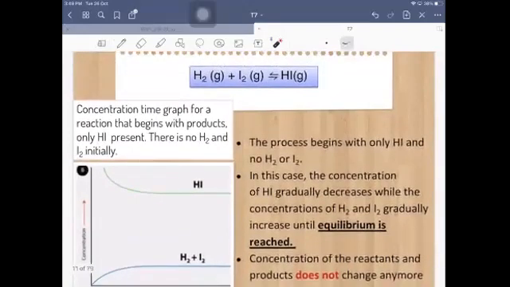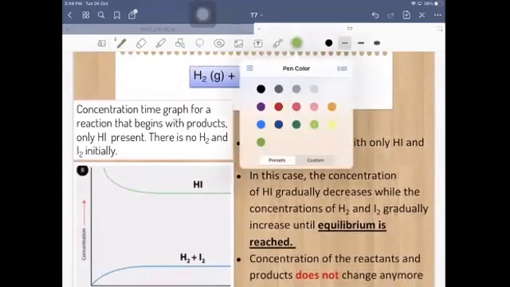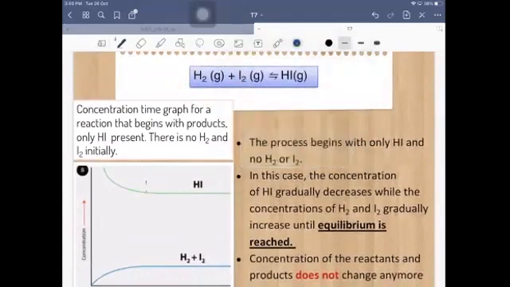Once you have reactants, then the forward reaction happens. The reverse reaction is happening until they reach a point where the concentration becomes constant. It should be a straight line. Okay, so that's the point where equilibrium is reached for both of them.